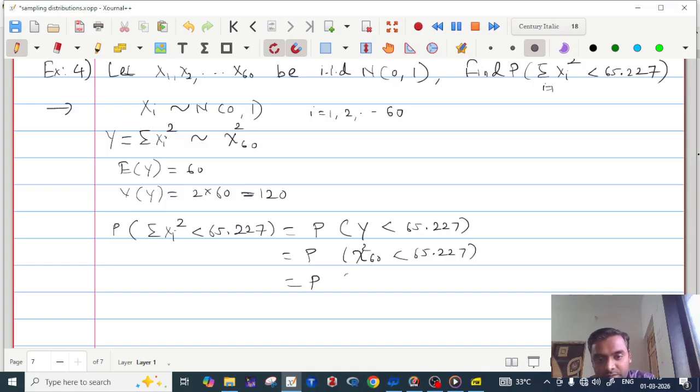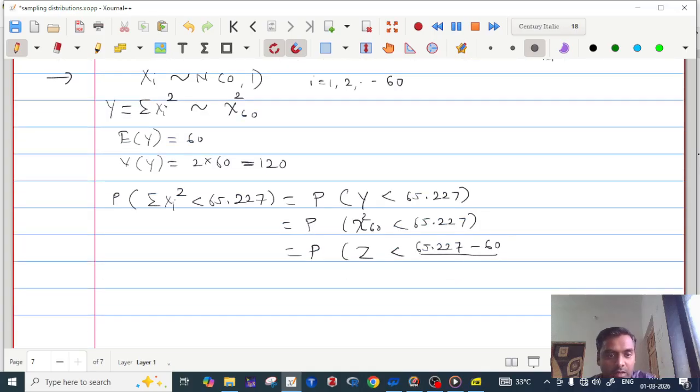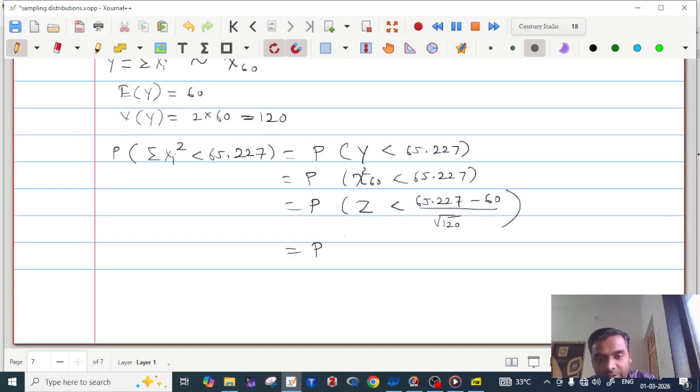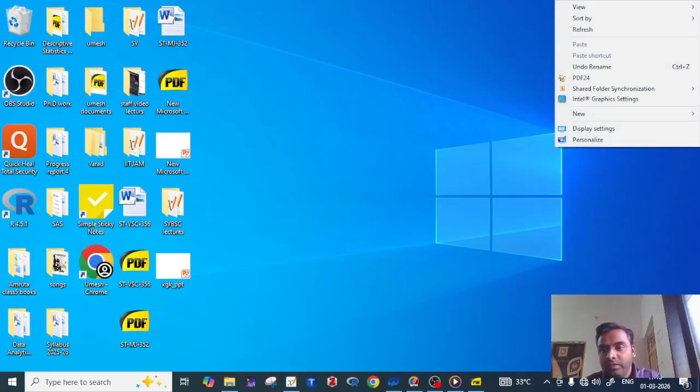After standardizing, this is the probability of Z less than (65.227 minus 60) divided by the square root of 120. Let's do this.